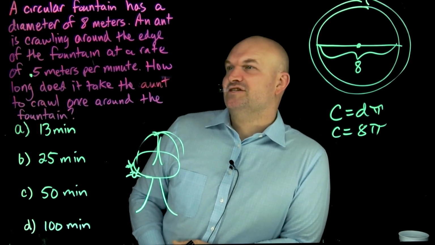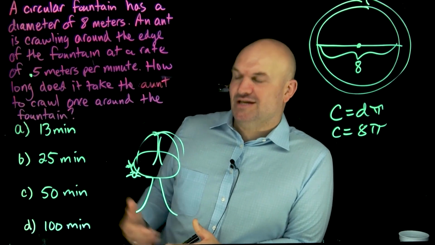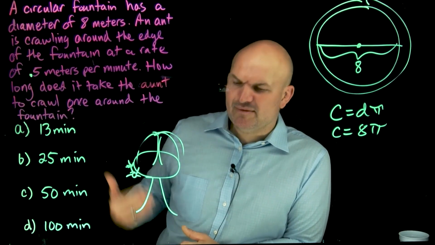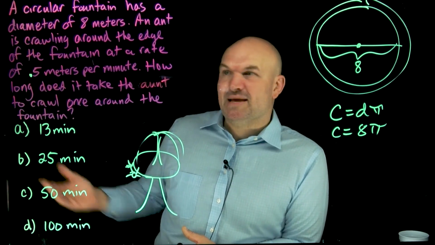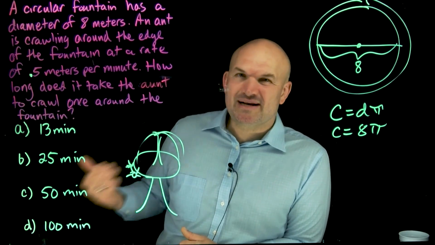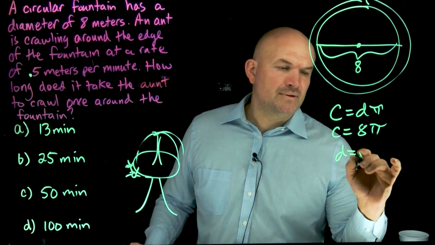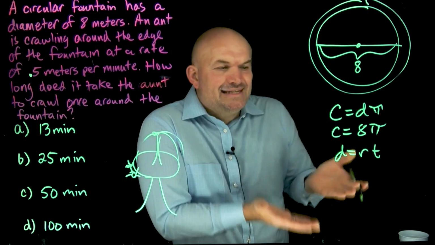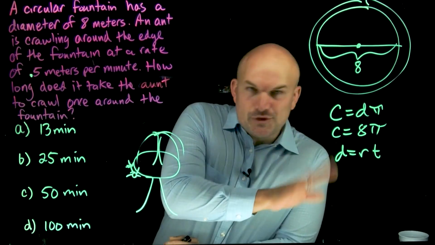An ant is crawling around the edge of the fountain at a rate of 0.5 meters per minute. Now, I remember when I was a struggling math student in school, my mom was helping me with a math problem, and I could not figure it out. The problem we were doing was not talking about distance, rate, and time. But immediately she read the problem and said, oh, you need this formula. And I'm like, how did you know we needed this? What we're working on has nothing to do with that. She said, yes, this is a universal formula.